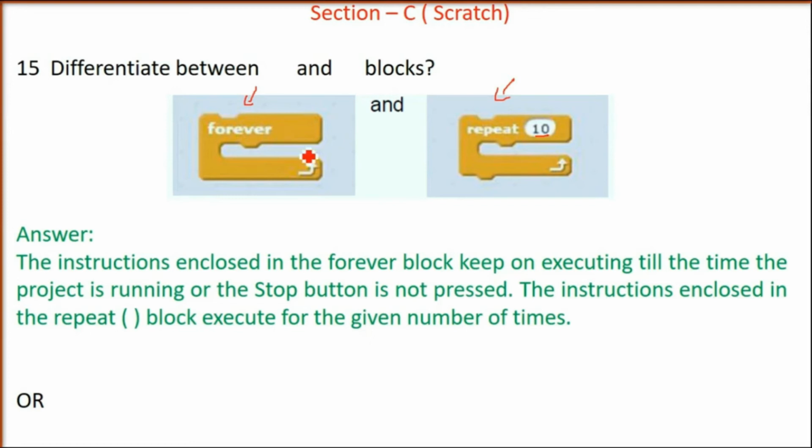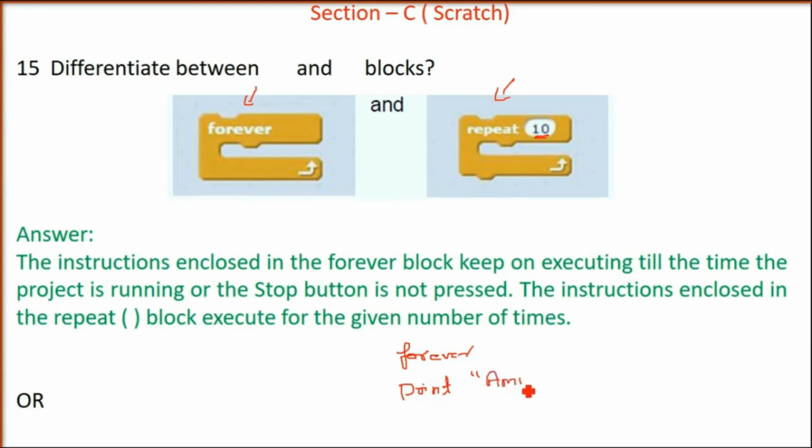So it goes on and on, an infinite loop. When we come to repeat, it's given 10; you can have 20, 30, whatever number you want. This will run only 10 times. All the instructions are going to repeat. If I say forever and print, I'm just taking an example.